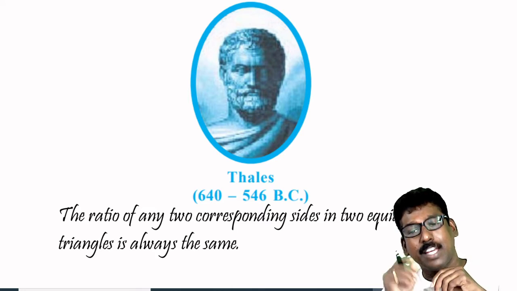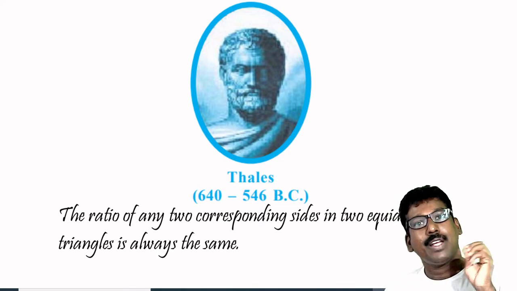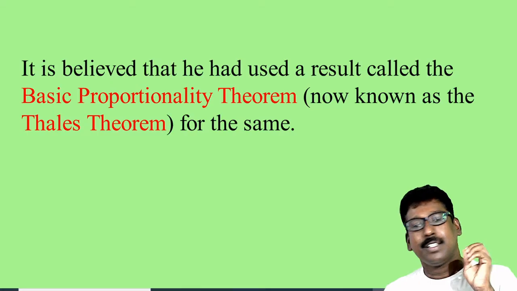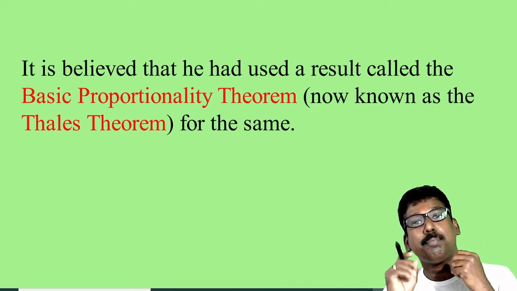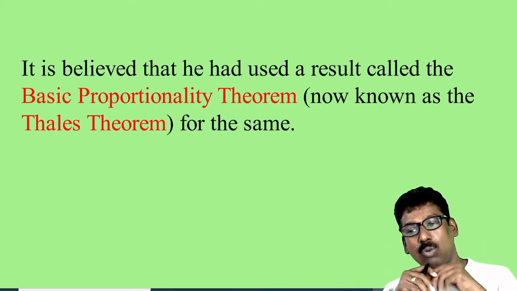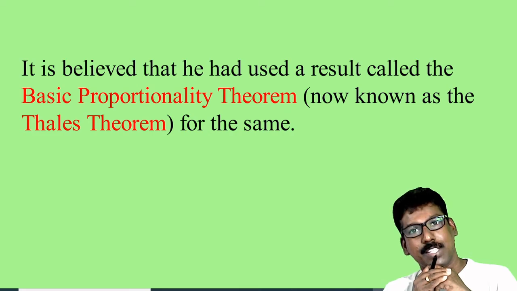That is, the ratio of any two corresponding sides in two equiangular triangles is always the same. And it is believed that he had used a result called basic proportionality theorem, now known as Thales theorem, for the same. Now, let us look at what basic proportionality theorem says.